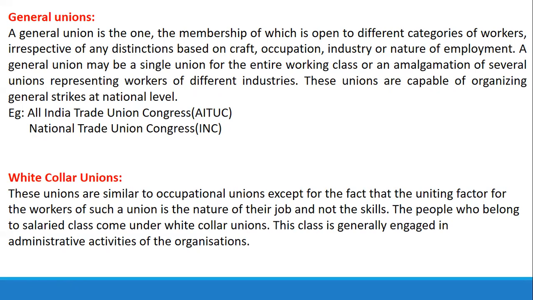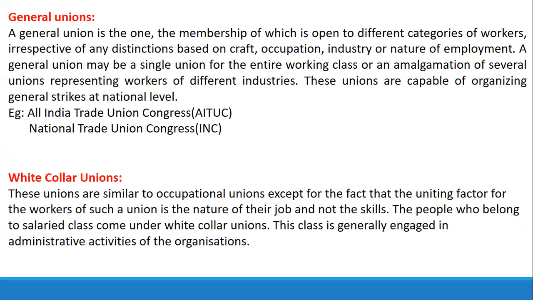So a general union is one where the membership is open to different categories of workers, irrespective of any distinctions based on craft, occupation, industry, or nature of employment. And at the same time, a general union may be a single union for the entire working class, or an amalgamation of several unions representing workers from different industries.